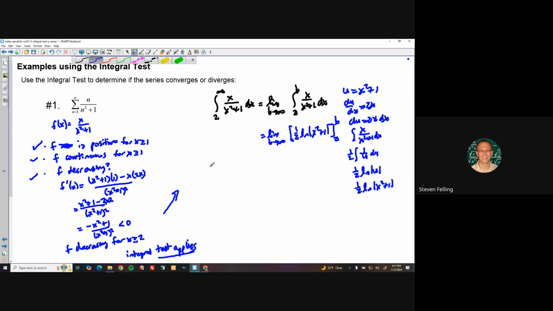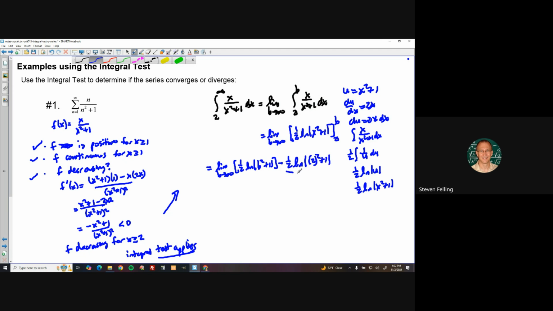So that means we have to have two copies. This first one is the limit as b approaches infinity of 1/2 natural log of b squared plus 1, and then another copy minus 1/2 natural log of, this time I'm going to put a 2 in for that x, 2 squared plus 1.